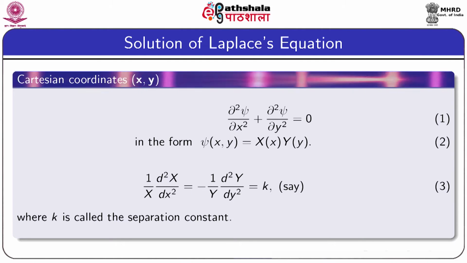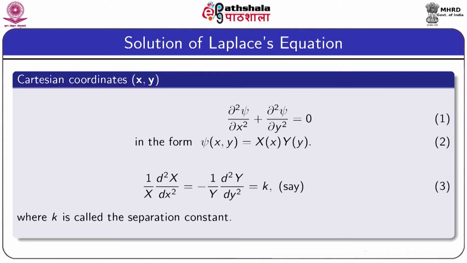Now, we are going to solve equation 1 using the useful technique known as the method of separation of variables. In that method, we assume the function psi as a product of two functions capital X and capital Y, where capital X and capital Y are functions of small x and small y respectively.